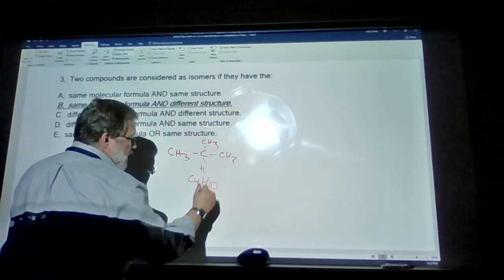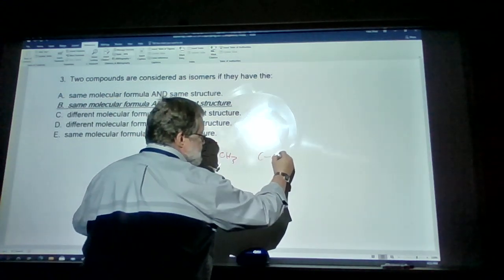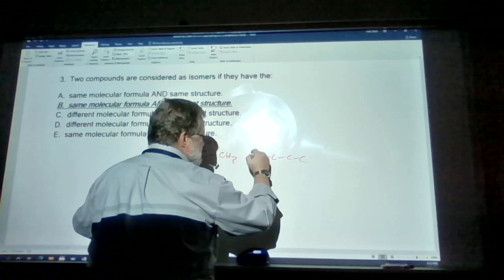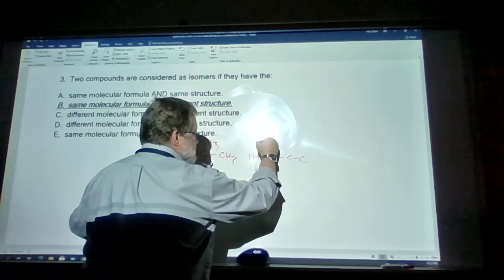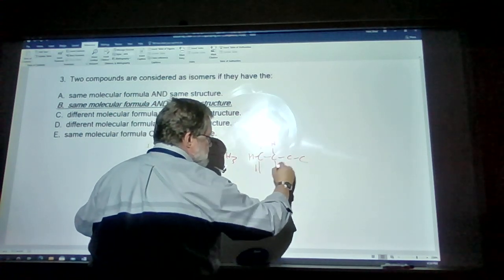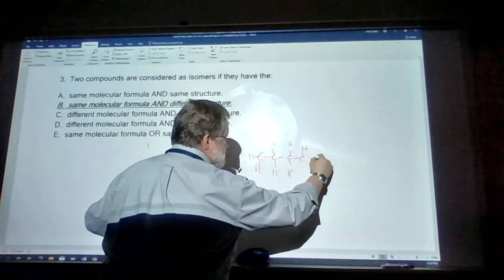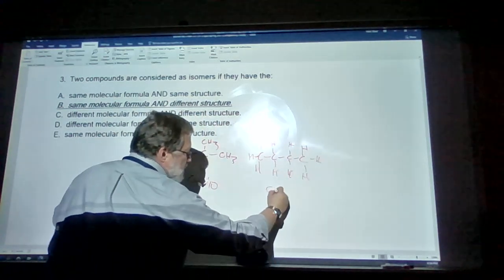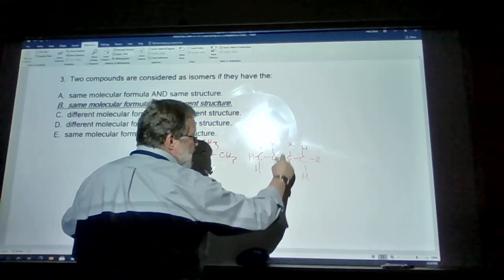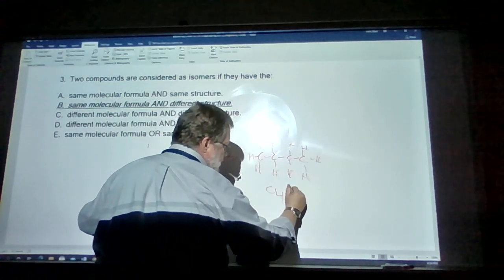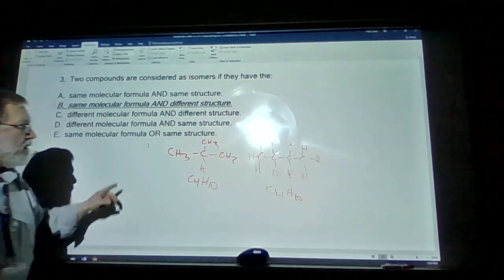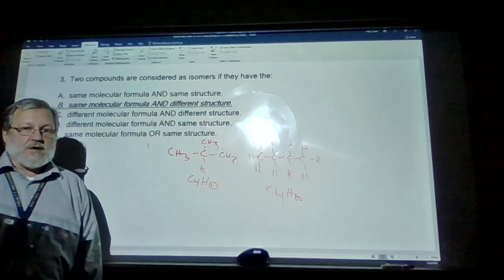C4H10. C4, 1, 2, 3, 4, 5, 6, 7, 8, 9, 10. These are isomers of one another.